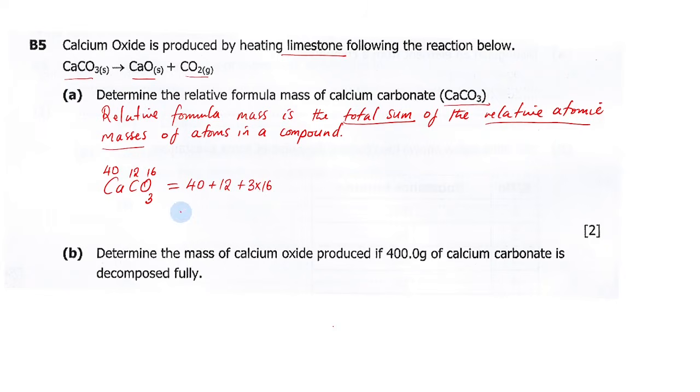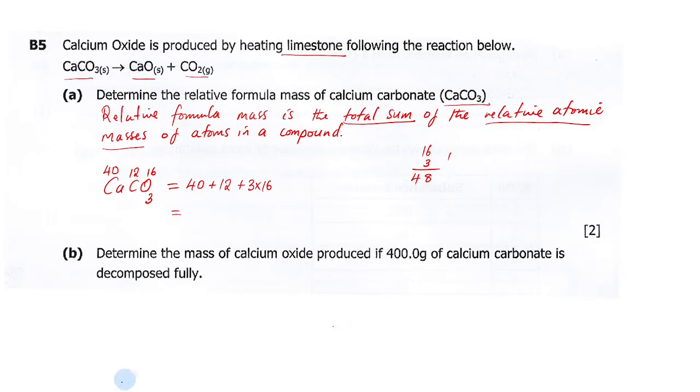Then what do you do? First of all, you multiply 3 times 16, right? 16 times 3, what are we going to get? 18, carry 1, then 4 plus 1, that is 48. So we are adding 40 plus 12 plus 48.